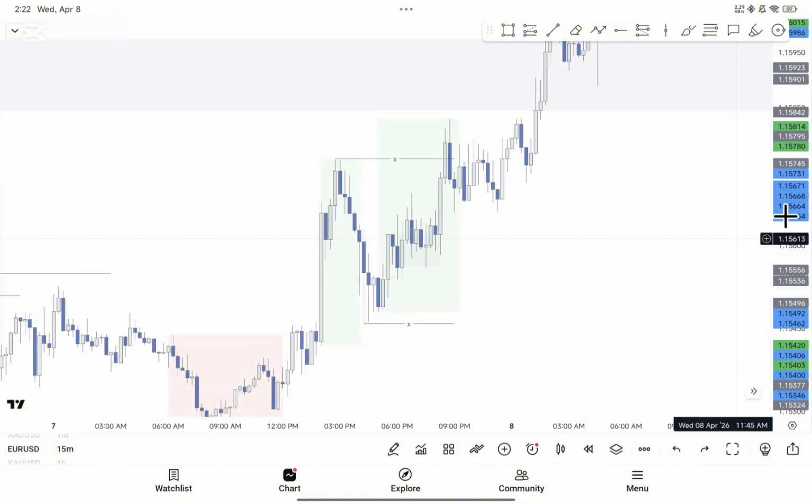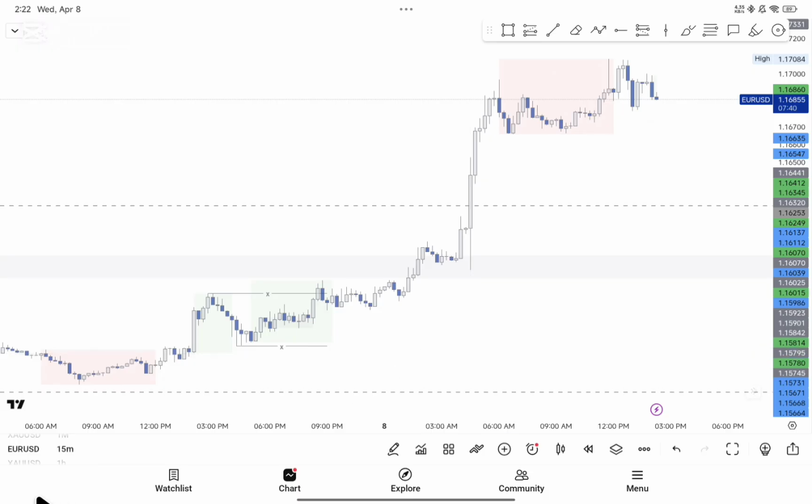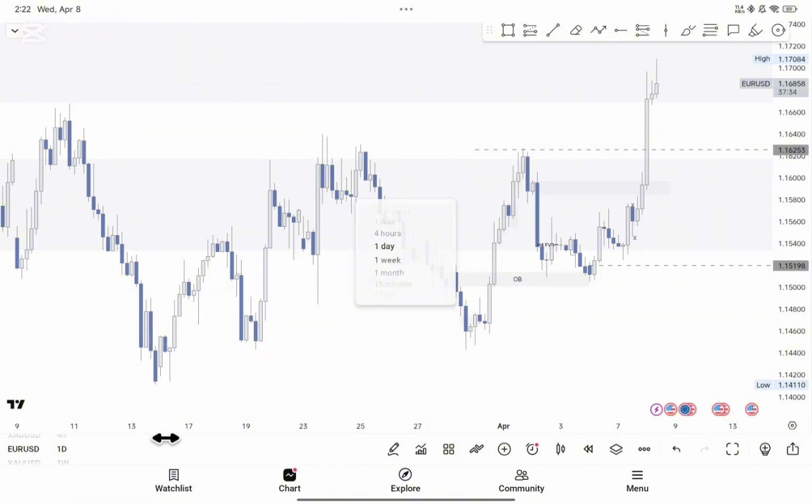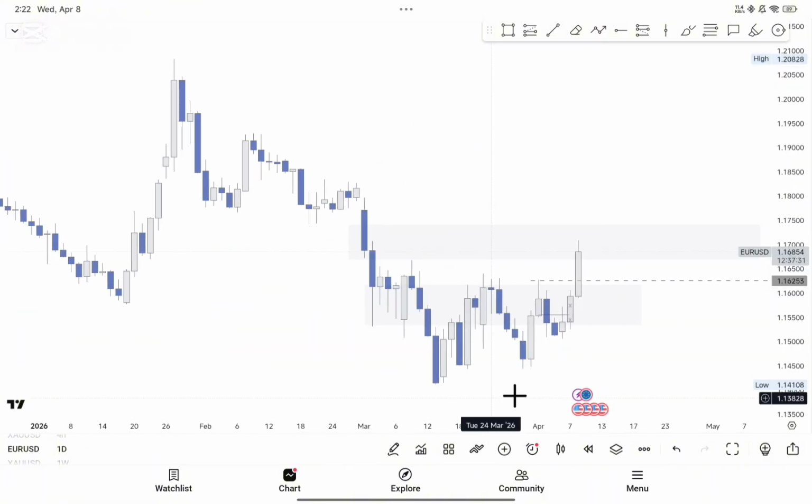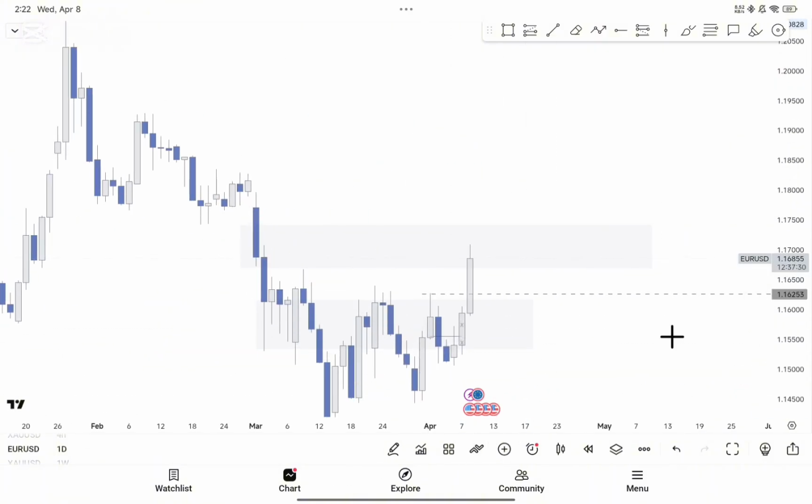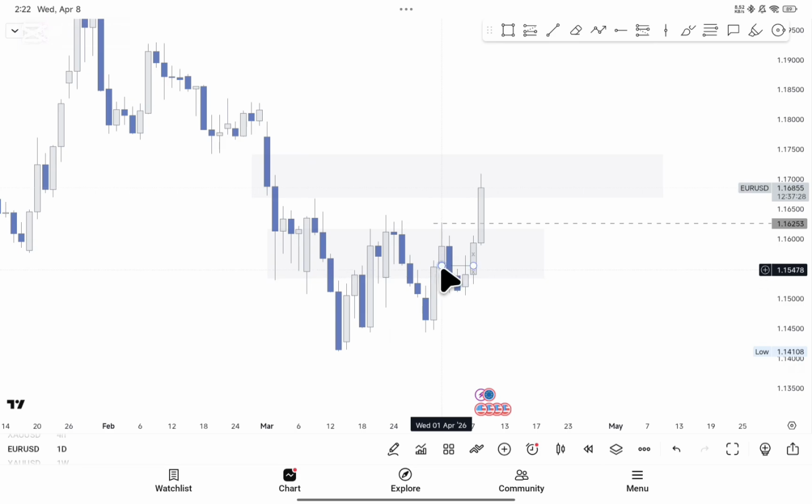The funny thing that happened yesterday is that I was overcomplicating my daily bias with the old area and the new one. Now if I take a look at the daily time frame, you can see that even though price is respecting the bullishness, yesterday it was totally respecting the bullishness, because we have a bullish fair value gap from which Monday ended up being bullish.